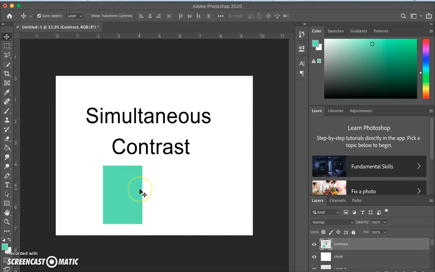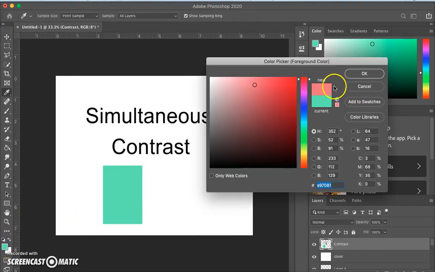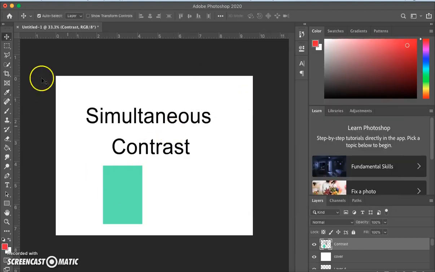So simultaneous contrast means you will be looking at two colors at once. So let's do the traditional red and green. So we'll sink that in. Whenever you see complementary colors simultaneously contrasted, you're going to get a visual buzz.